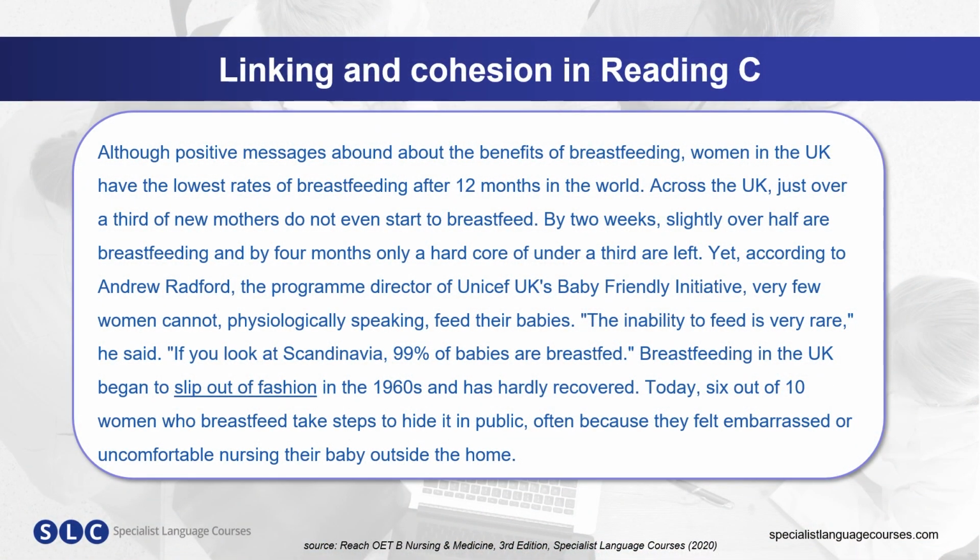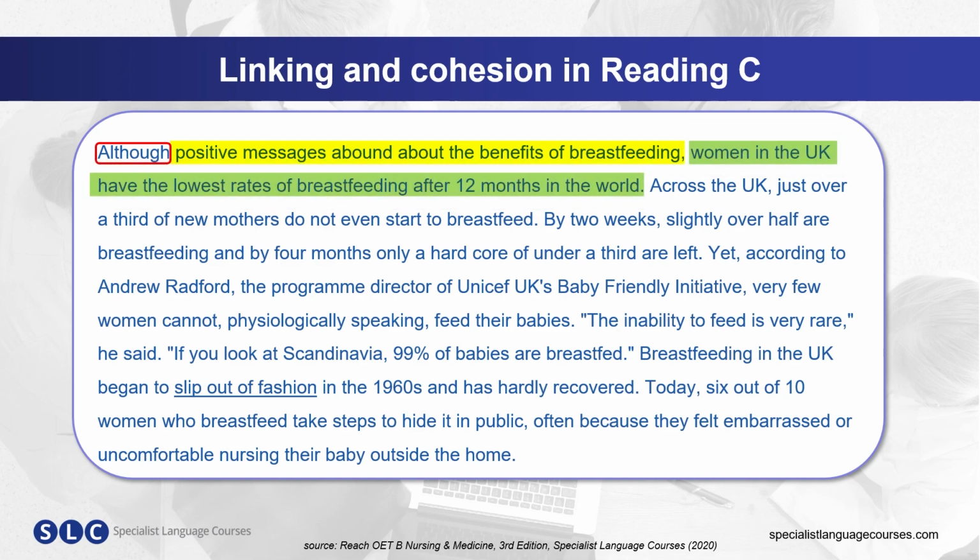Again, the paragraph starts with a contrast by using although and highlights the low rates of breastfeeding in the UK. This is contrasted with the fact that women are encouraged to breastfeed. Timing and sequencing also is used with by 2 weeks and by 4 months to support this view.